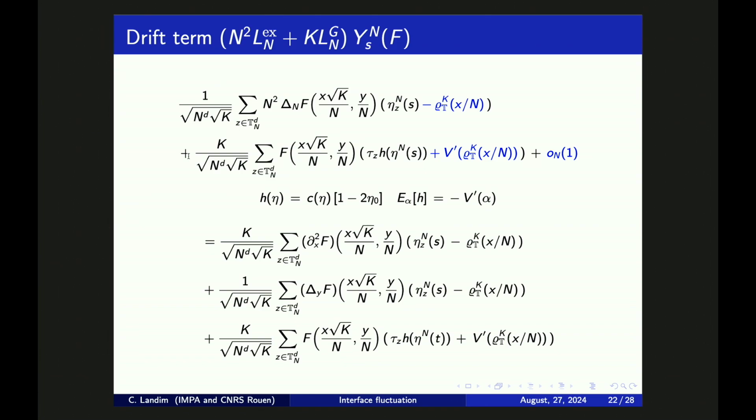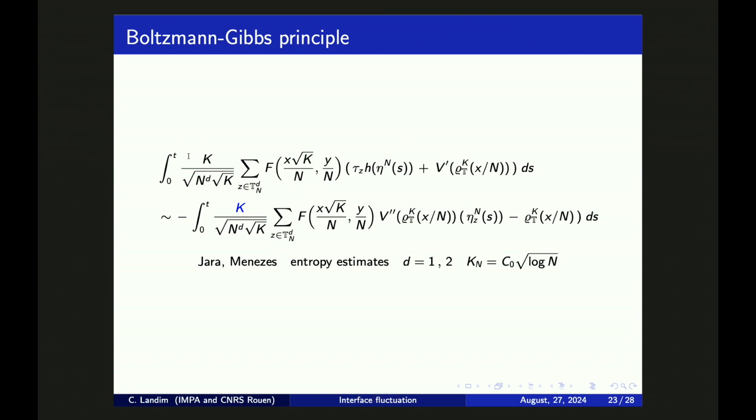And here, the problem is that you have this local function, and you would like to replace this local function by a function of the conserved quantity, which is the density of particles. So the main problem will be to replace this local function h by a function of this density field. And this is called the Boltzmann-Gibbs principle, which tells you that indeed you can replace h minus its expectation by a constant times the density, which you have to understand as a Taylor expansion of this local function: the derivative of this function times eta x minus 1.